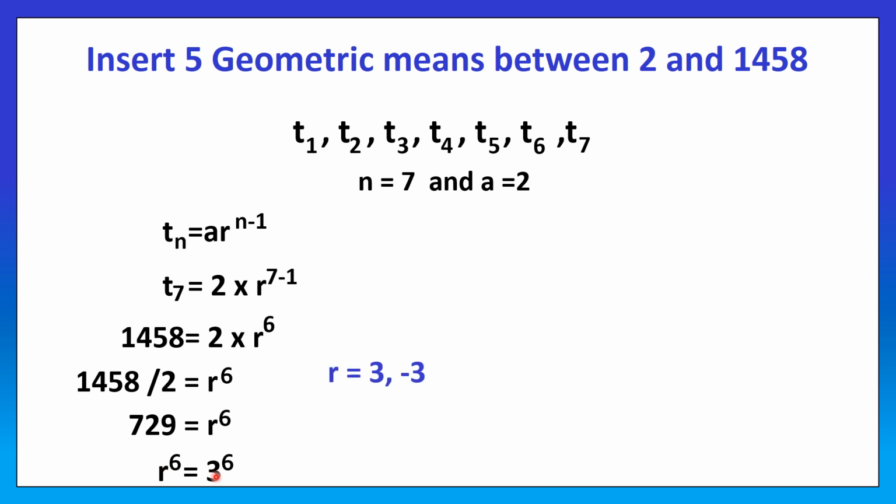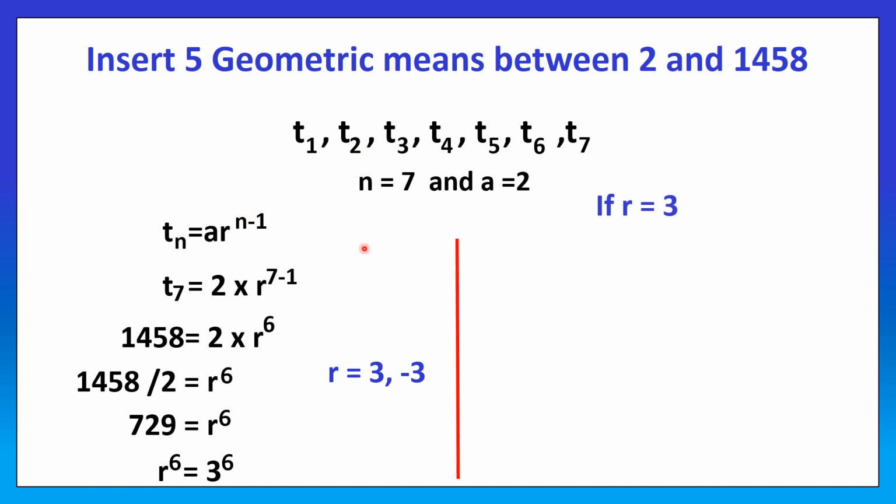And so r may be either plus 3 or minus 3, because multiplying plus 3 six times gives 729, and similarly multiplying minus 3 six times is also equal to 729. So r may be either plus 3 or minus 3. Now by taking r as plus 3, we can apply this formula to find each of these terms.